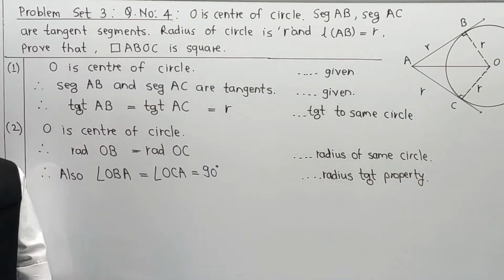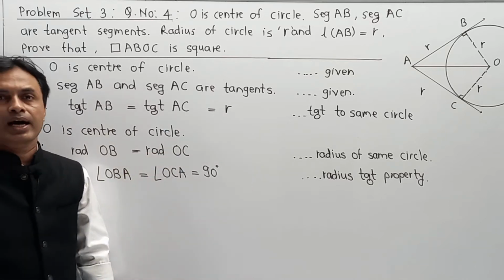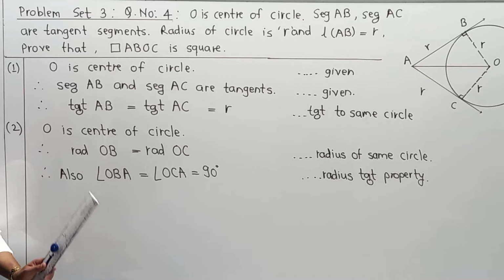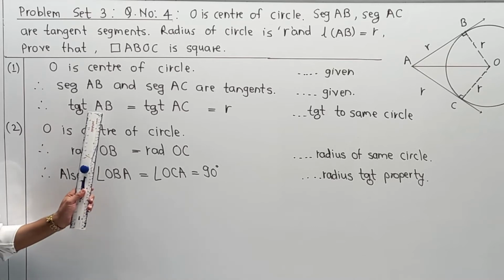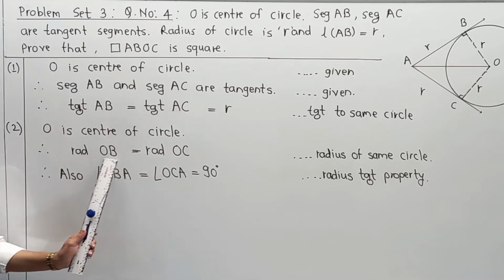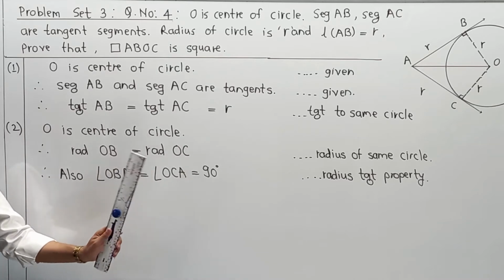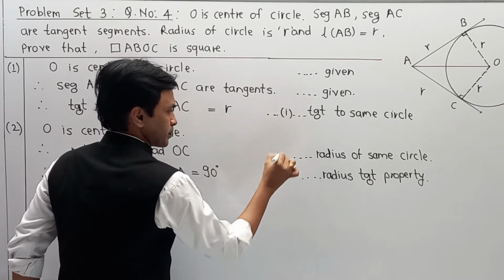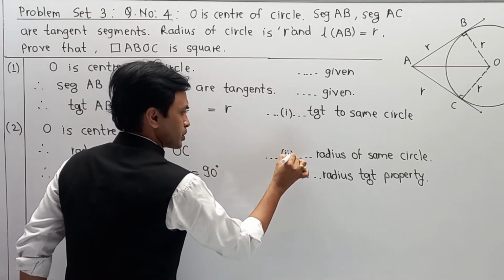Now automatically all four sides become R. Here AB equals BO equals CO equals AC, all four sides AB, AC, OB and OC are equal and they are the radius. Give the first part as equation 1 and the second part as equation 2.